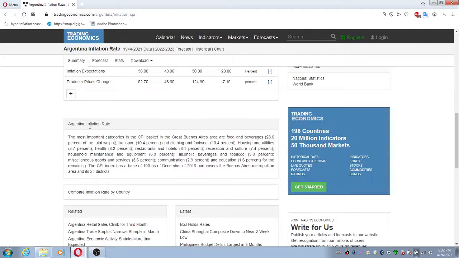What I like about the explanation of the inflation rate is it tells you the most important categories in the CPI basket. This would be something interesting to watch, because in nations where people spend a large percentage of their income on food, those are the nations where you start to see unrest first, when that food becomes marginally more unaffordable.